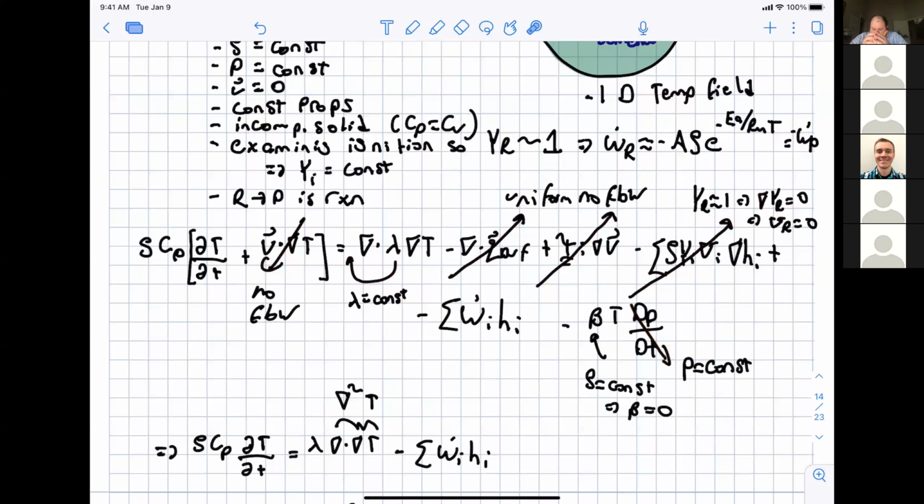Okay, and so you can see that we start from our master energy equation here, and we just start crossing out the terms that we don't need anymore.